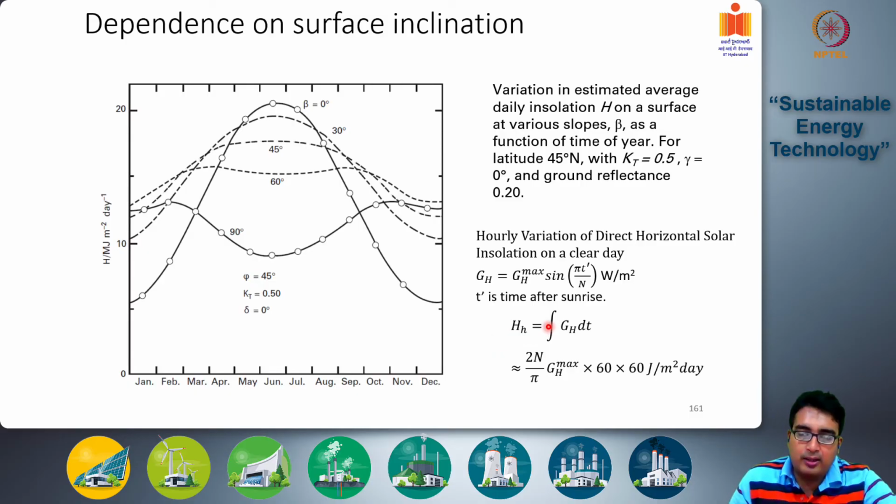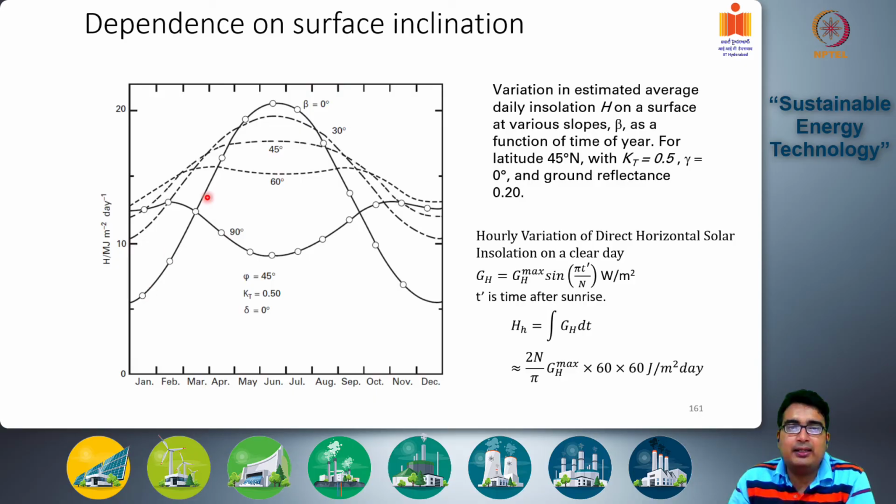So then the total energy absorbed by a horizontal collector is the integration of this over the number of daylight hours, which gives 2N by pi into the solar insolation at noon time into 60 into 60 joules per meter square per day.